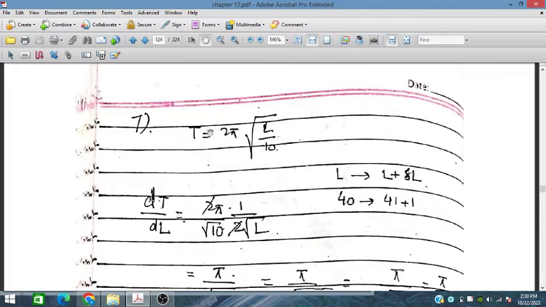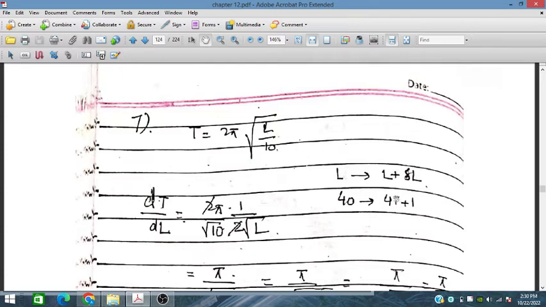So we take this length as incremental from L to L plus delta L, and the length was initially 40 units and it increased to 41. So this is 40 plus 1, which is 41.